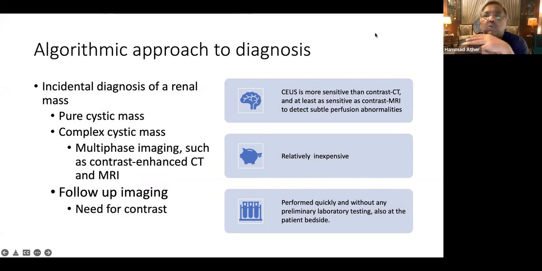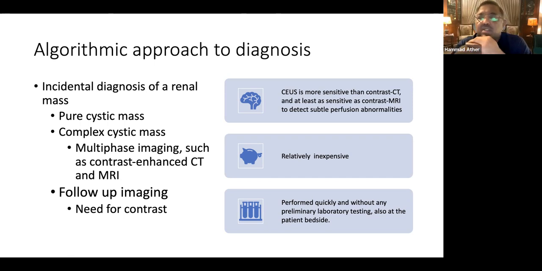So the data is quite clear, and it has been around for quite some time, that contrast-enhanced ultrasound is more sensitive in certain situations than even contrast CT or an MRI scan. The difference between a CT and an MRI scan is that ultrasound can detect subtle perfusion abnormalities, which can be missed even on a CT scan.